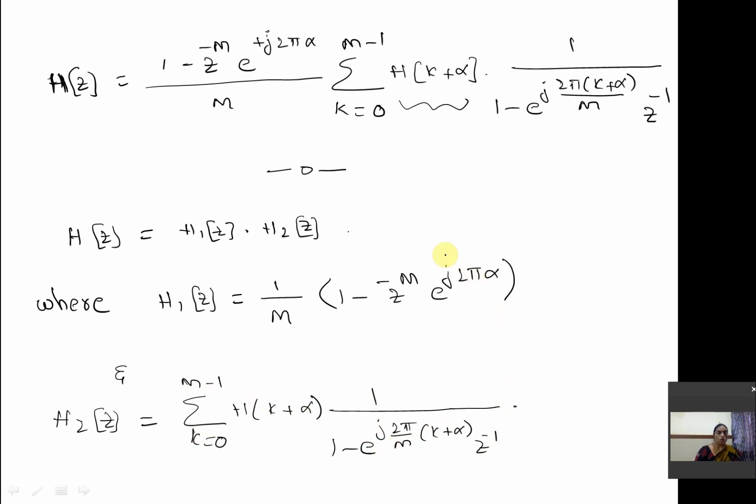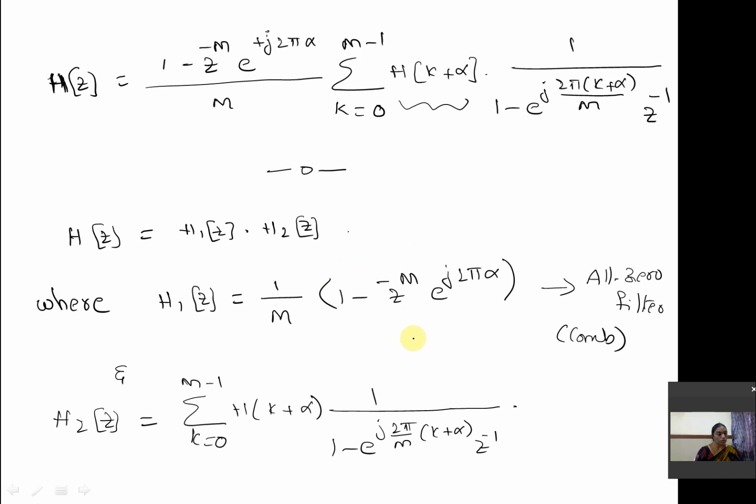Okay, now if you observe this one, it is said to be an all-zero filter. It is also called a comb filter.